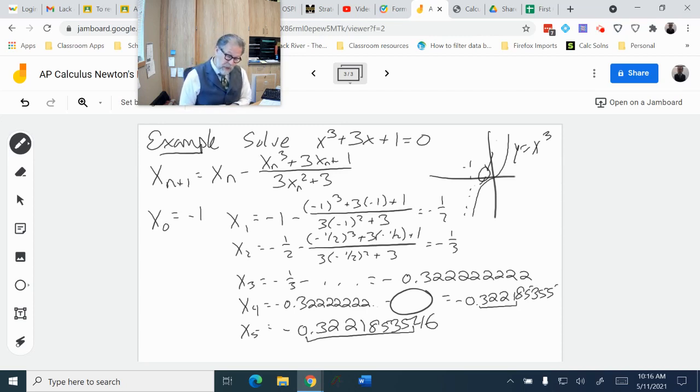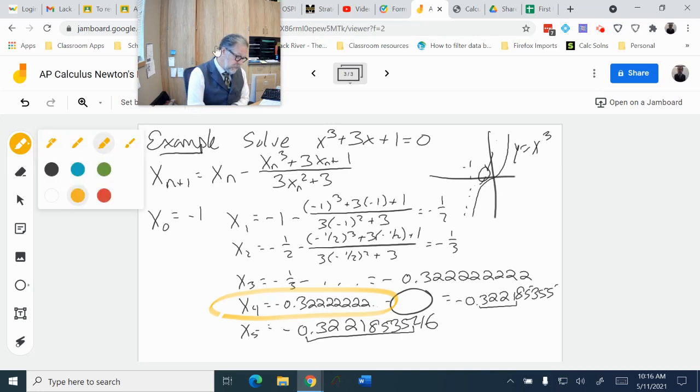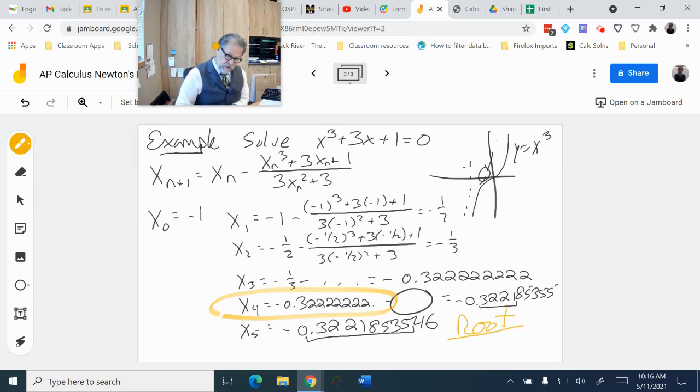If we only need 3 decimal places, as soon as we get to x sub 4, we notice that to 3 decimal places, my answer doesn't change from x sub 3 to x sub 4, which means that I could say that the root of this function, accurate to 3 decimal places, is x equals near -0.322.